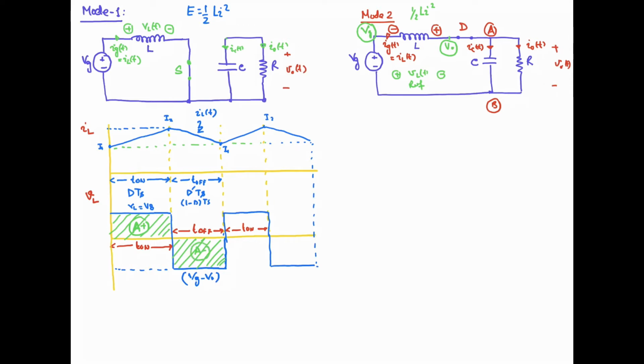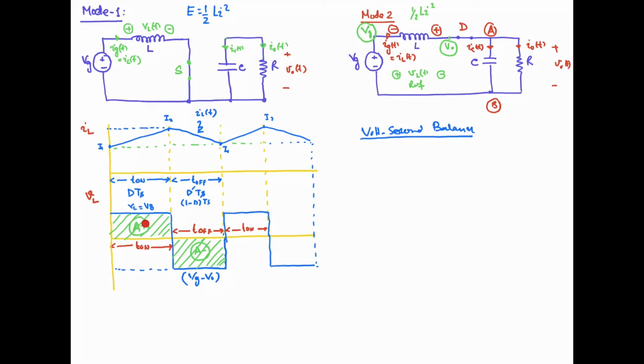So the positive area and negative area must be equal to each other. That is the volt second balance for the inductor. So now if we write down the volt second balance equation for the inductor, I can write it like this.